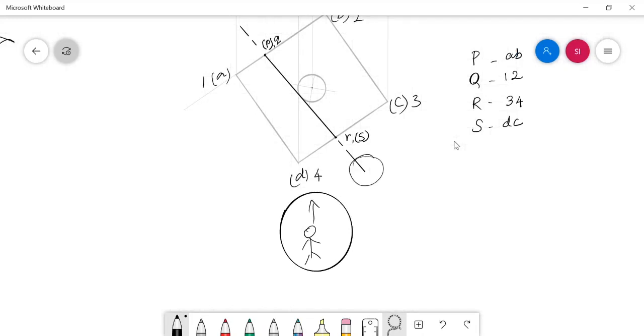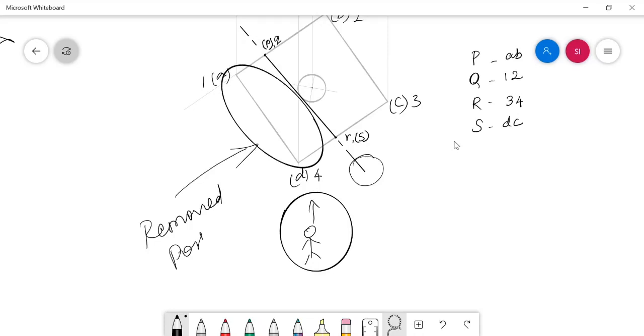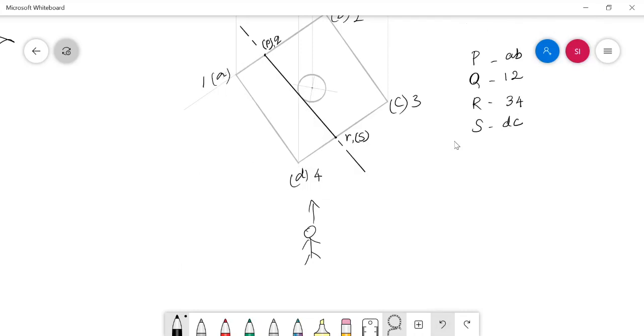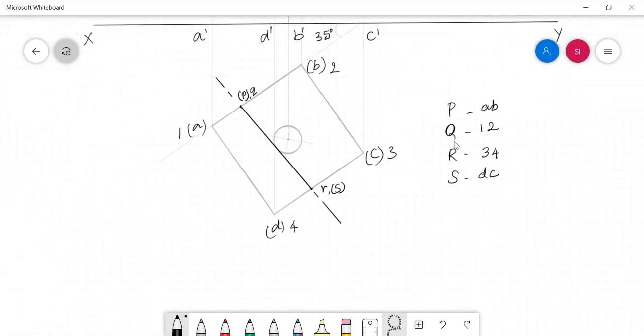This portion falls between the observer and the cutting plane, so it should be considered as the removed portion, and the rest of the portion can be considered as the retained portion. So in this way, we have to highlight the retained portion with the HB pencil.